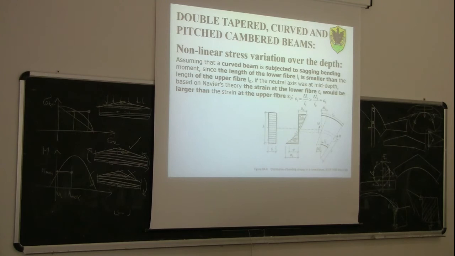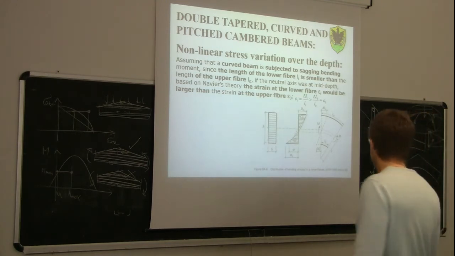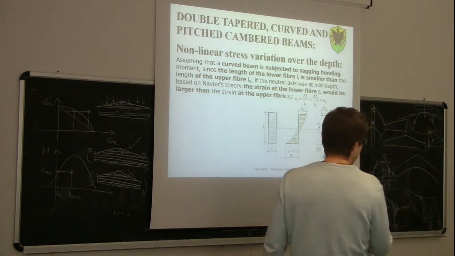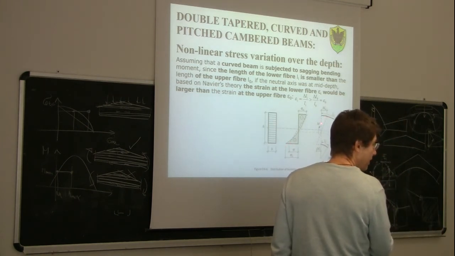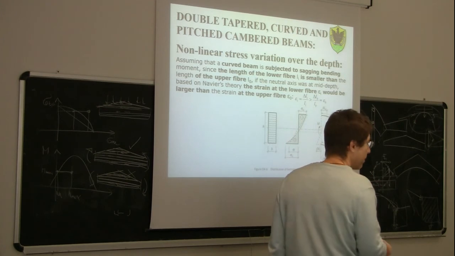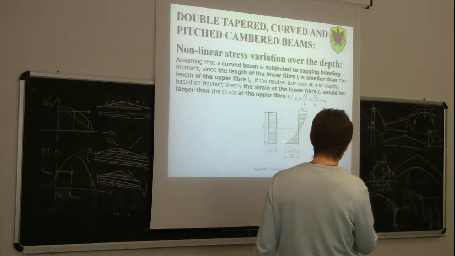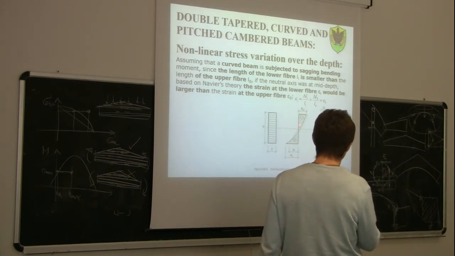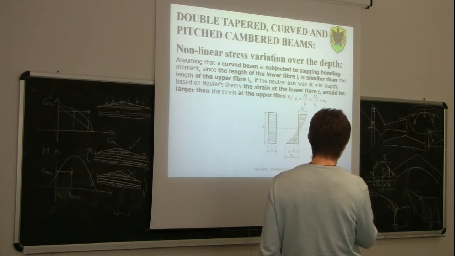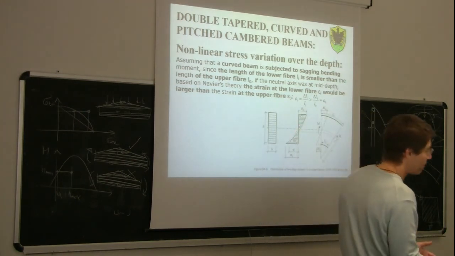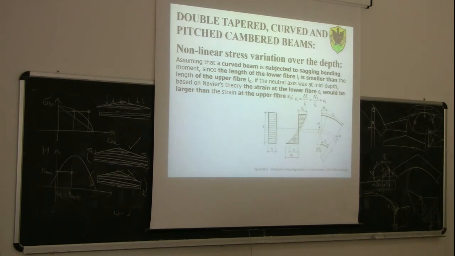Okay? So if the stresses are different, it means that the neutral axis can no longer be at mid-depth. Of course, if those are different, if you take a line, you will find out that this line will cross the vertical line not at mean height, but at a different depth.